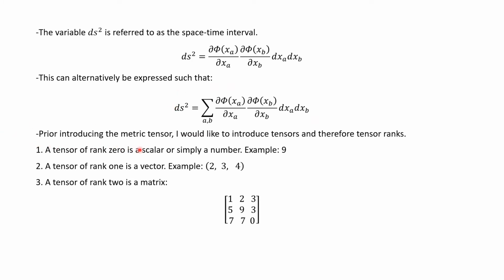Prior to introducing the metric tensor, I would like to introduce tensors and therefore tensor ranks. Number one, a tensor of rank 0 is a scalar or simply a number, example 9. Number two, a tensor of rank 1 is a vector, as we see here. Number three, a tensor of rank 2 is a matrix, as we see here.